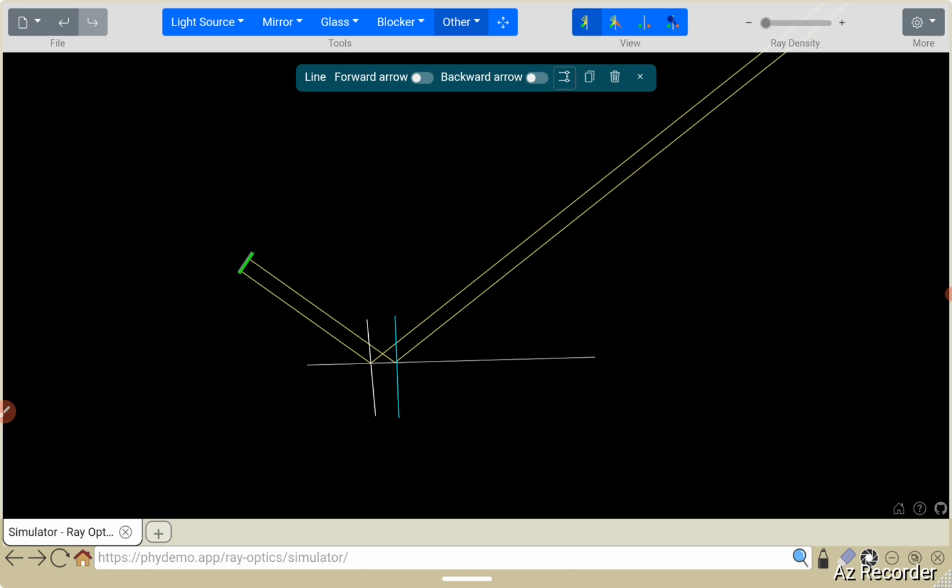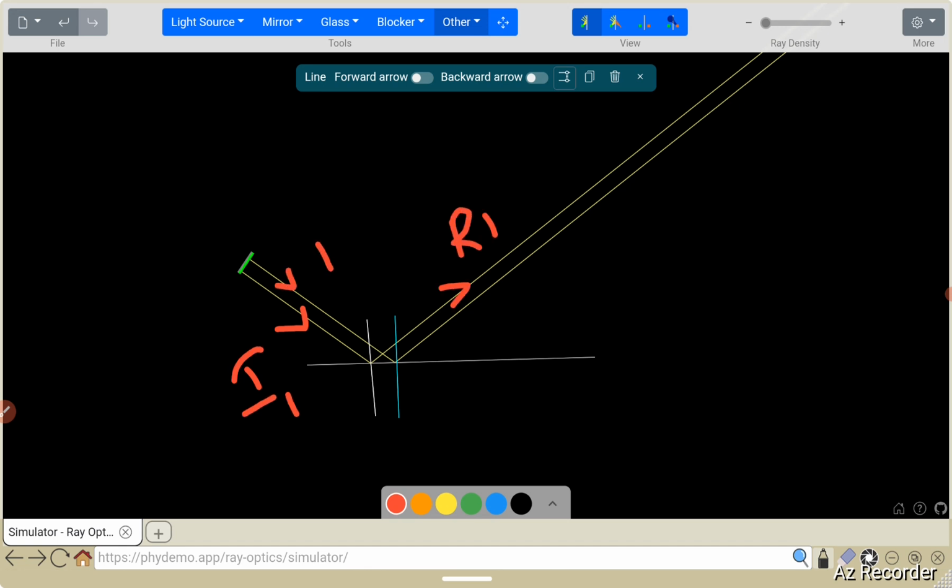Now if you measure the angles I1 and R1 and I2 and R2, you can take rays. This is I1 and this is R1. This is I2 and this is R2.